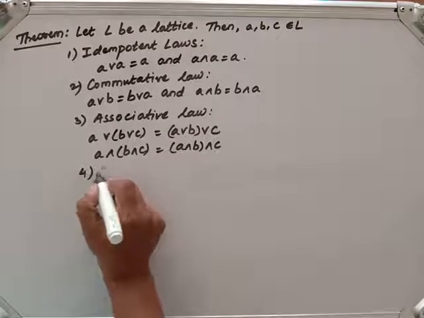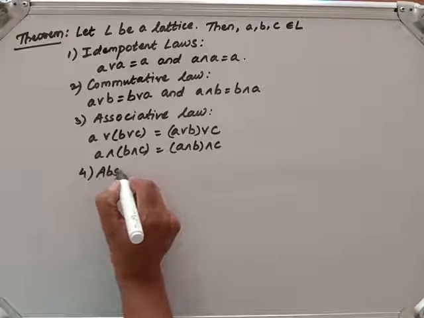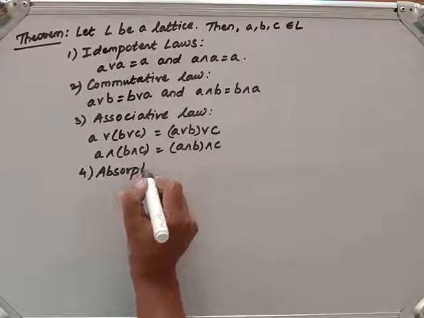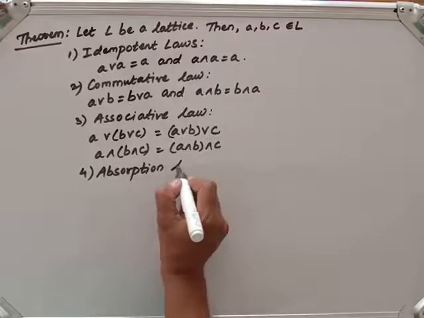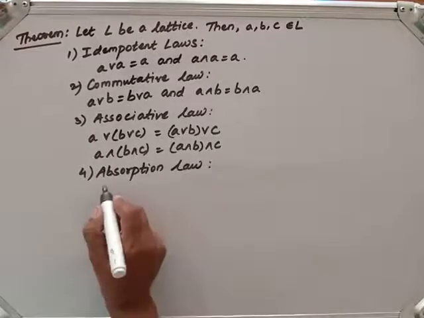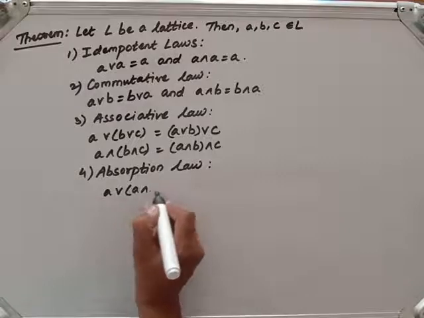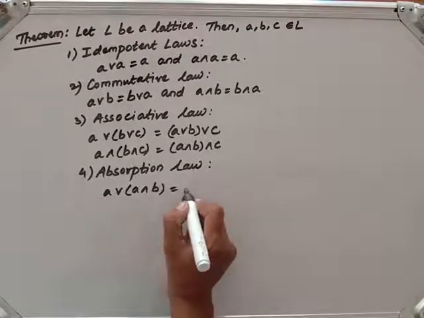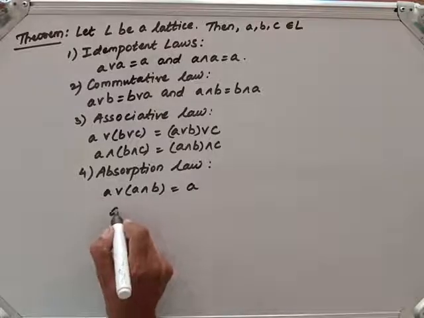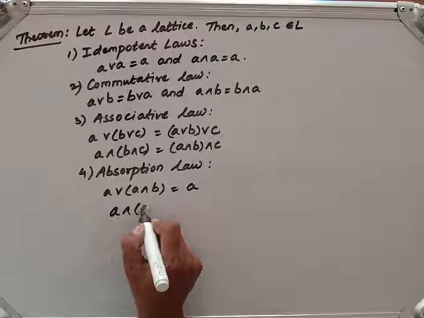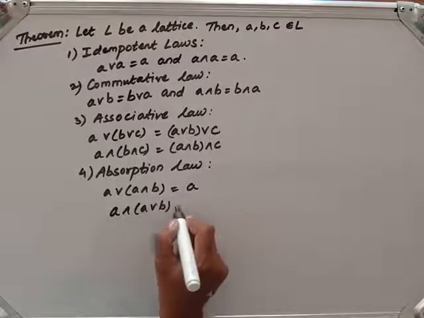Then the fourth one, absorption law. So what are they? Look at here. A join A meet B is same as A, and A meet A join B is also what?